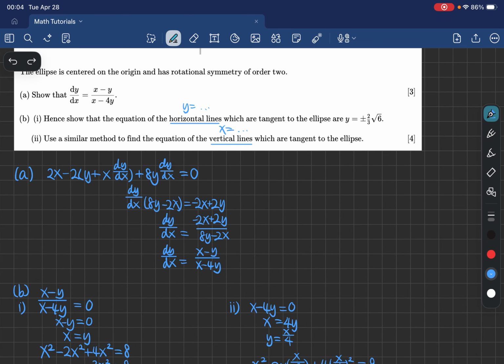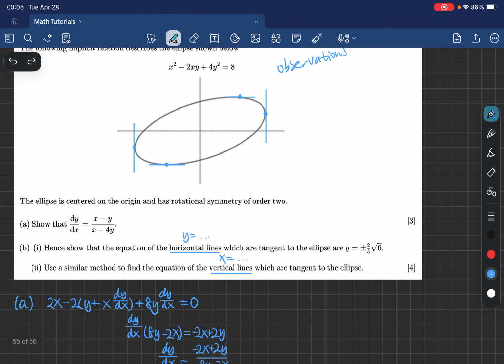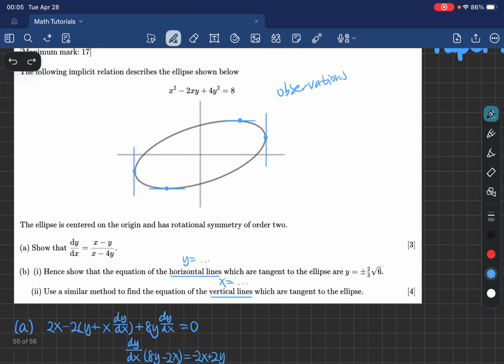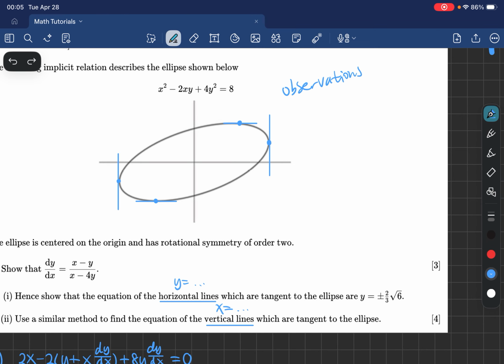Not very hard. So now we have part B. Show that the equation of the horizontal lines which are tangent to the ellipse are y equals plus or minus this value. So remember, horizontal lines, they must be like this, right? So the function for that is just y equals a constant, and they're tangent to the ellipse.